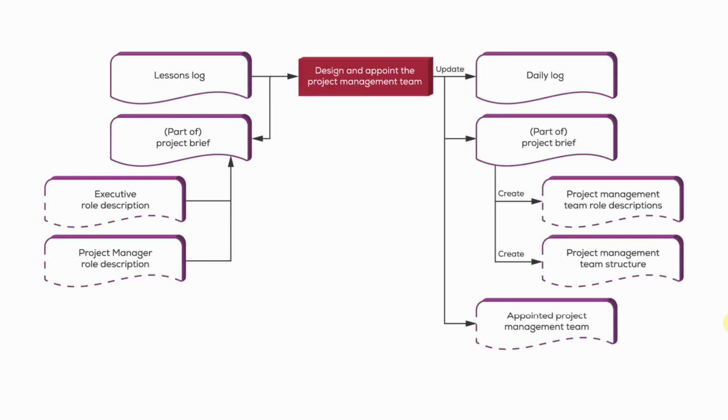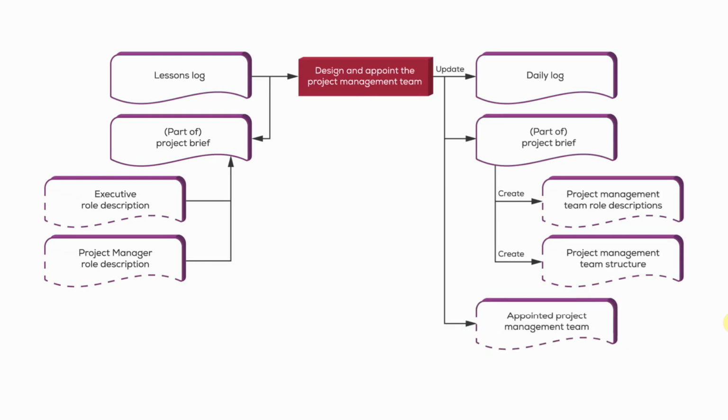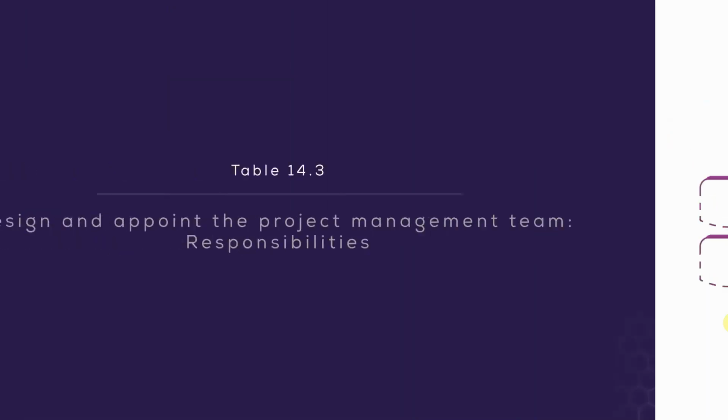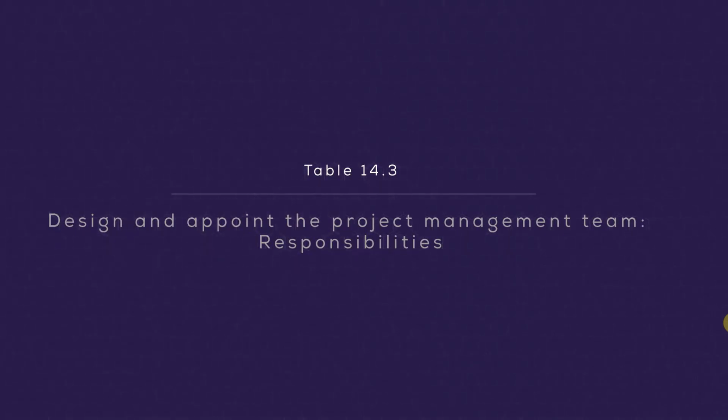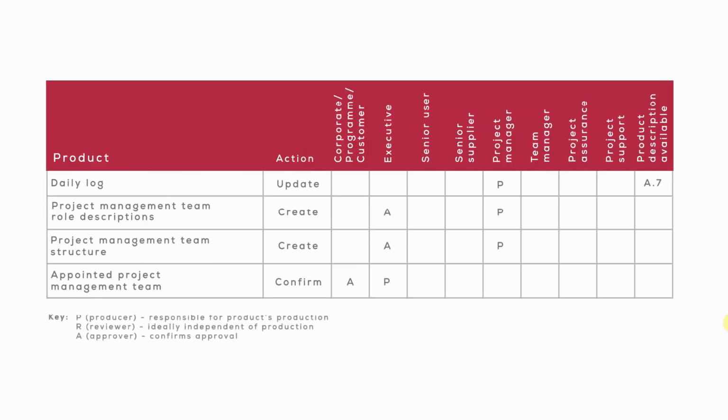And again, the project manager will need to estimate the time and the effort required for the fulfillment of each of these roles and identify, as far as possible, people to fulfill them. With regards to the responsibilities for this activity, you'll see the table of responsibilities, table 14.3 in your manual. The project manager will obviously be updating the daily log.